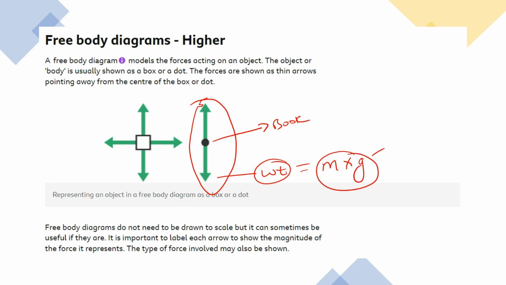If it is on Earth, then it is 9.8 meters per second squared, and mass can be, let's say, 1 kilogram. And there will be a reaction force acting in the upward direction, as we have seen. This is how you will represent a free body diagram, by the arrows and by the dot.